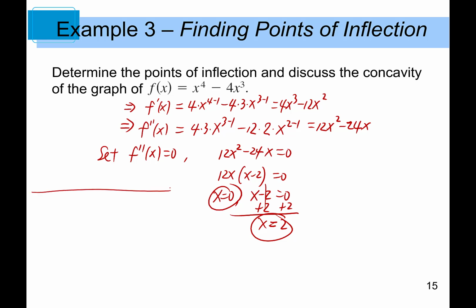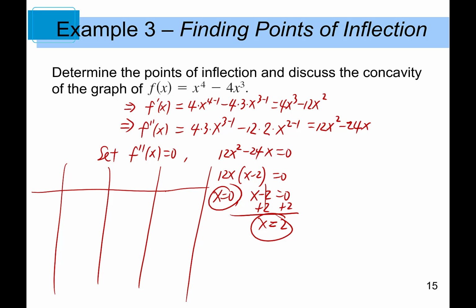So now let's create a table for the test intervals. First, let's start with the domain of f(x). Since it's a 4th degree polynomial function, the domain is all real numbers, from negative infinity to positive infinity.